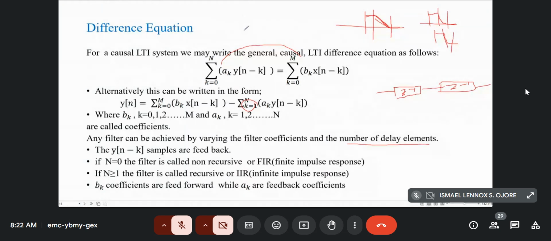That should be the ideal filter. So by increasing the number of elements, you go as close as possible to the ideal filter.